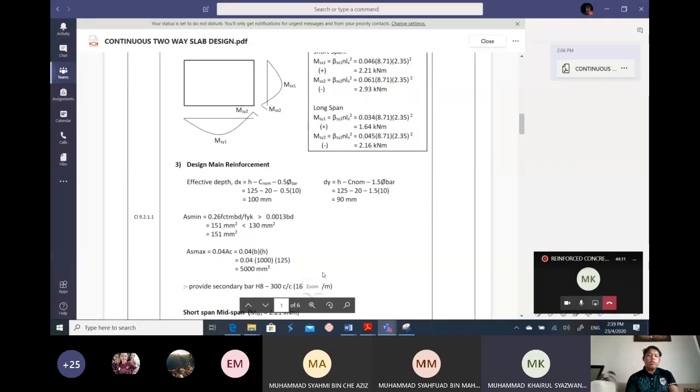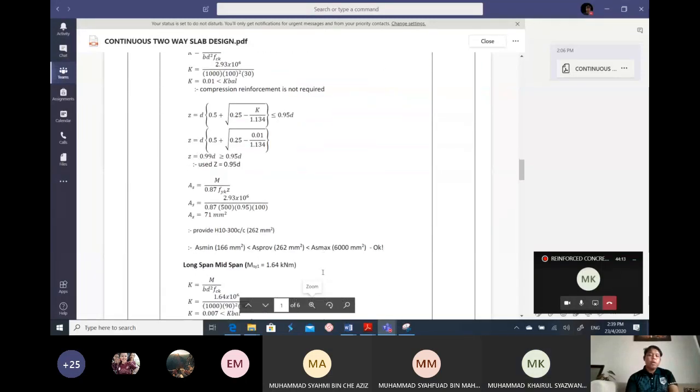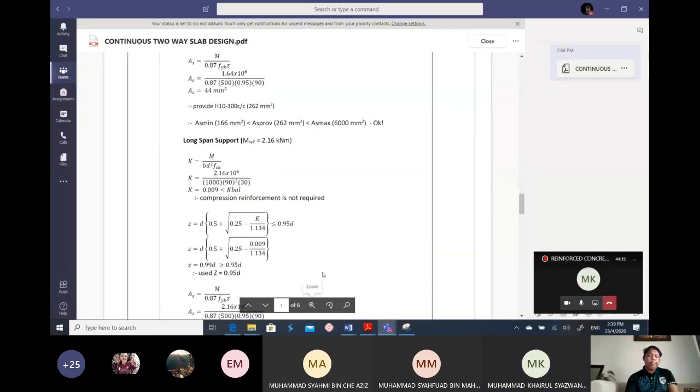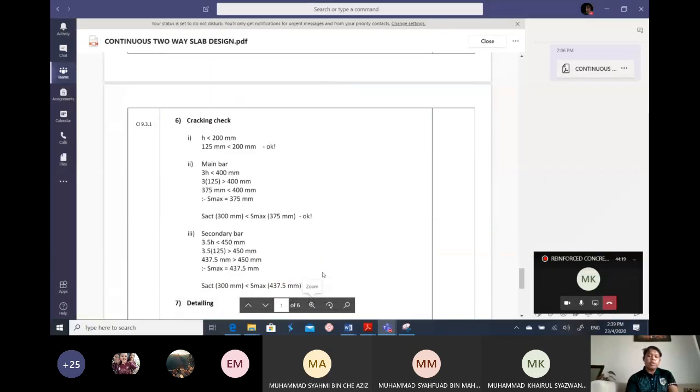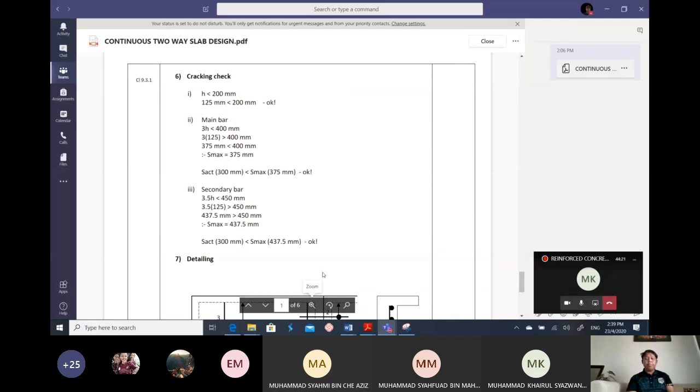Okay. We continue on the cracking check. Okay, so we are done with all of these. The cracking check is the same as what we have done before. We have to check 3 conditions. The first one is the slab thickness should be less than 200 millimeter, and then the main bar spacing should be less than 400. 3H is less than 400.